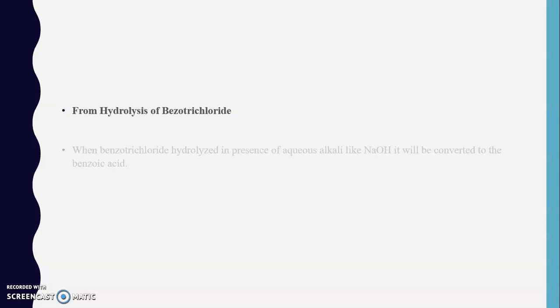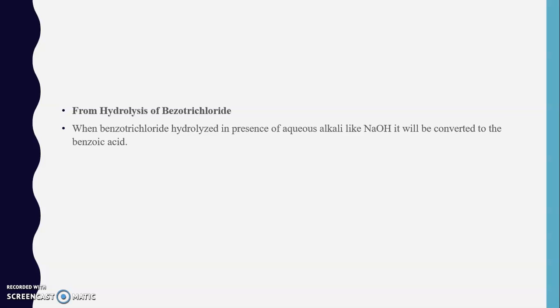Then the next method that is used for the preparation of the aromatic acid, that is benzoic acid, is from hydrolysis of benzotrichloride. Now when benzotrichloride is hydrolyzed in the presence of an aqueous alkali, say for example sodium hydroxide, it will be converted into benzoic acid.